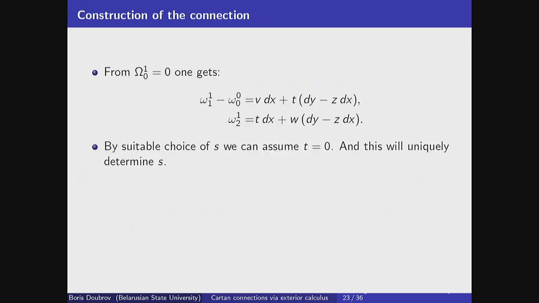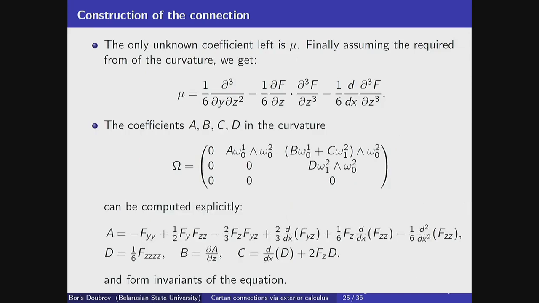This was the construction, the computation that we were able to complete, and we ended up at this curvature tensor, where all four coefficients can be written explicitly, and they are invariants of our original second order ODE. What is important here is that two of these invariants, namely B and C, the coefficients in the top right corner of the curvature matrix, are expressed via two other invariants.